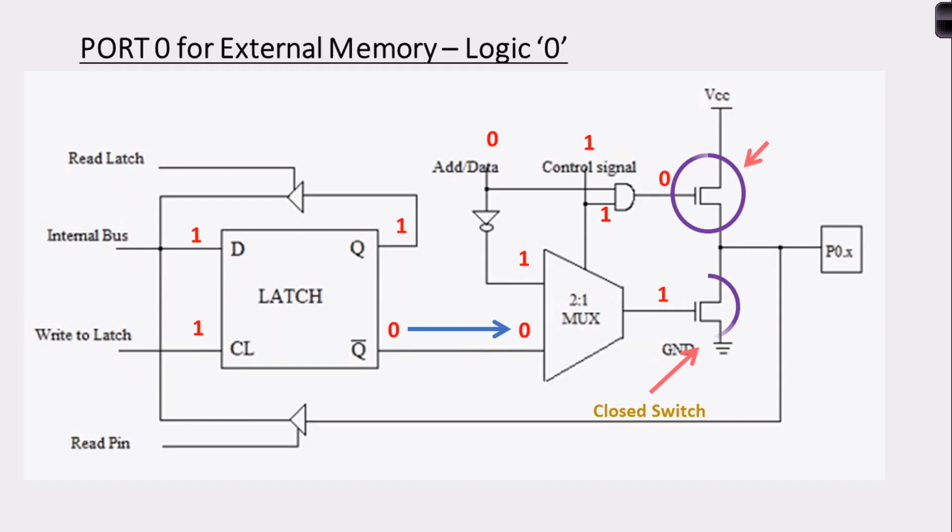Since the gate here is logic 0, the transistor is in off state, so it will work as an open switch, and the logic at this point is 0 volts, so we'll be getting logic 0.